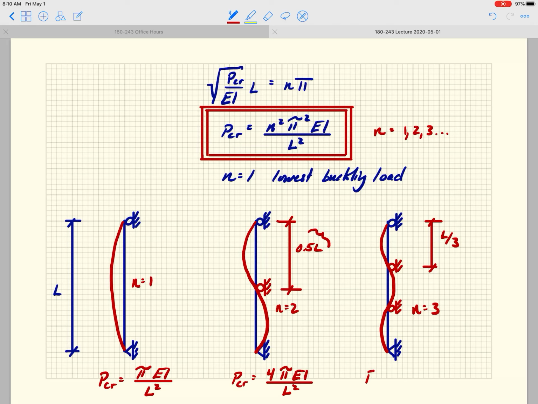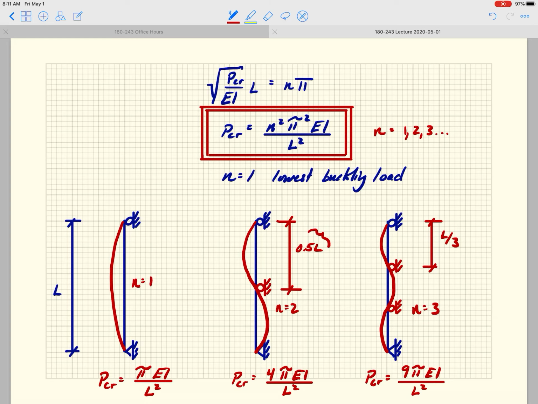And so now my P critical here is 9 pi times EI divided by L squared.